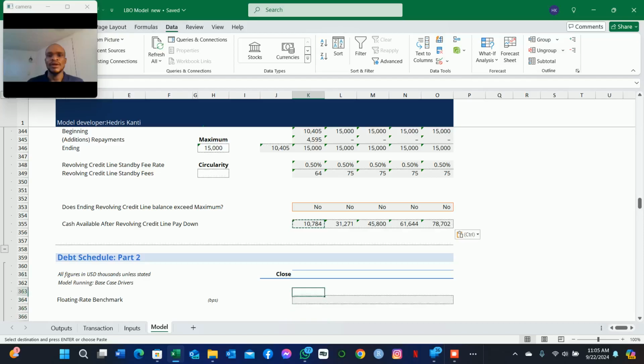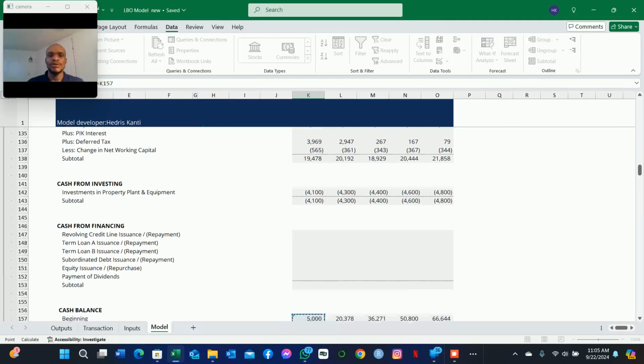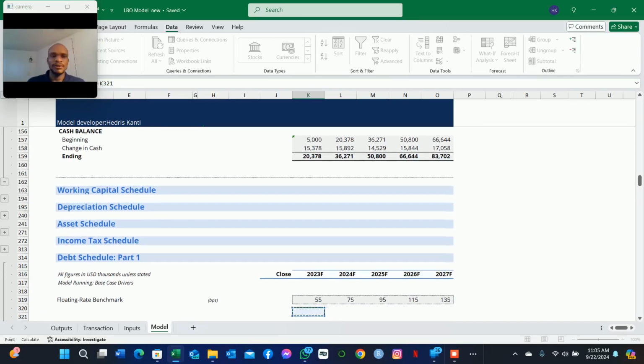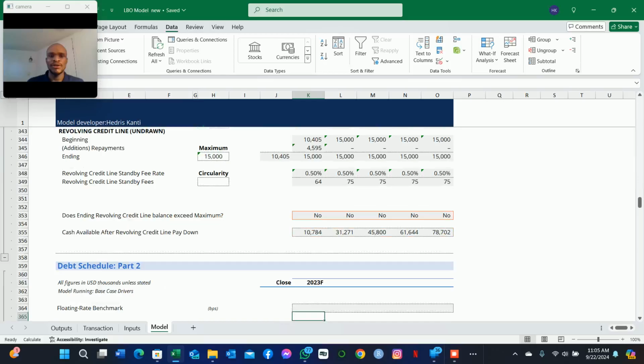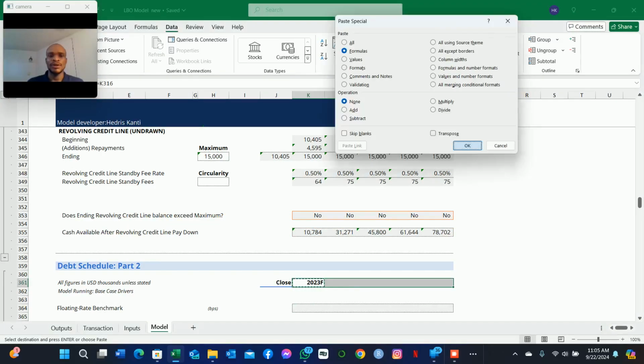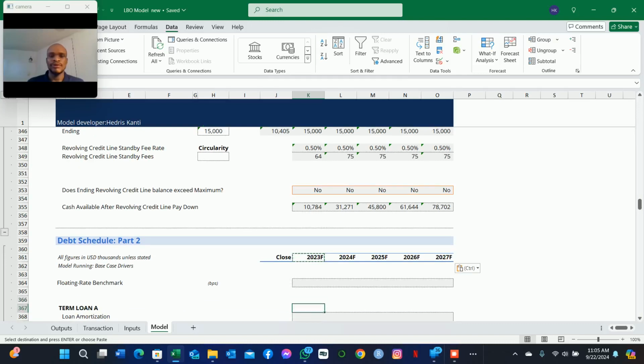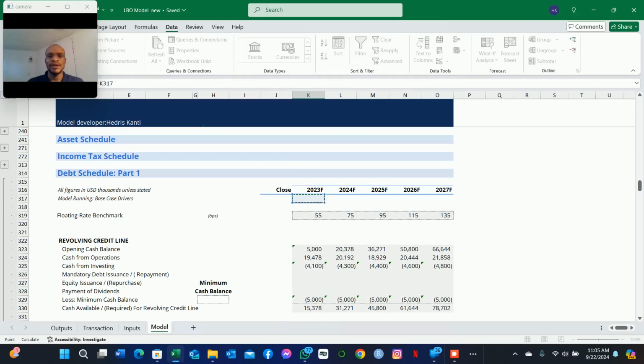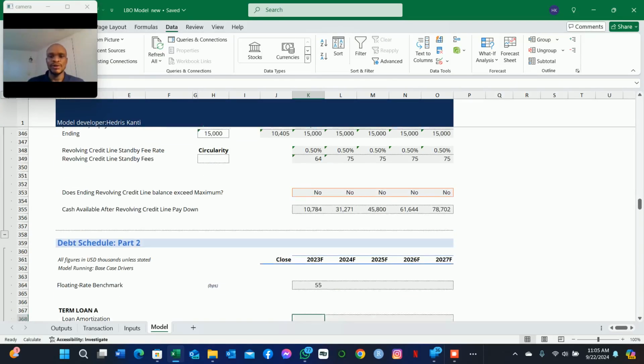Now we want to begin modeling the term loan A. We will go back to the set up here and reference our years from 2023 projected to 2027, and then our floating rate benchmark, which these lenders will be comfortable with when they issue bonds.